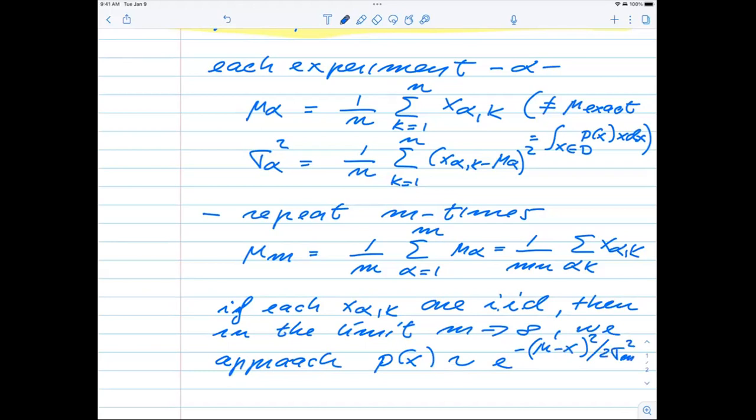So that's the Gaussian distribution which we're approaching with a specific mean value mu, which is hopefully then getting as close as possible to the exact value.